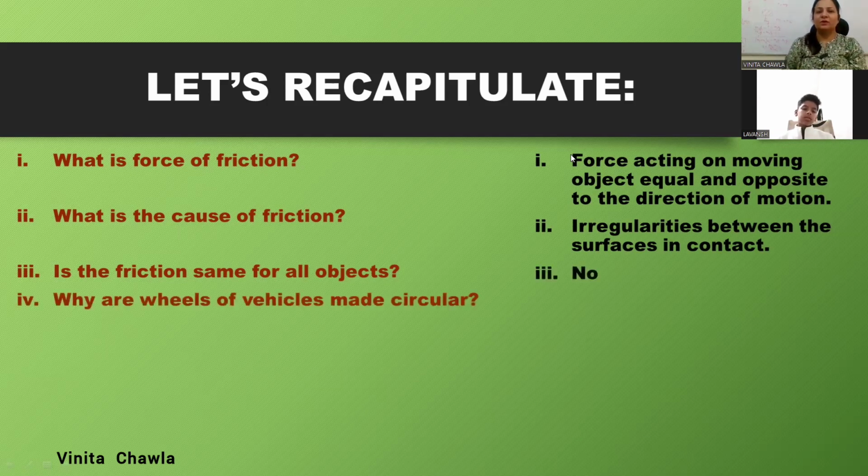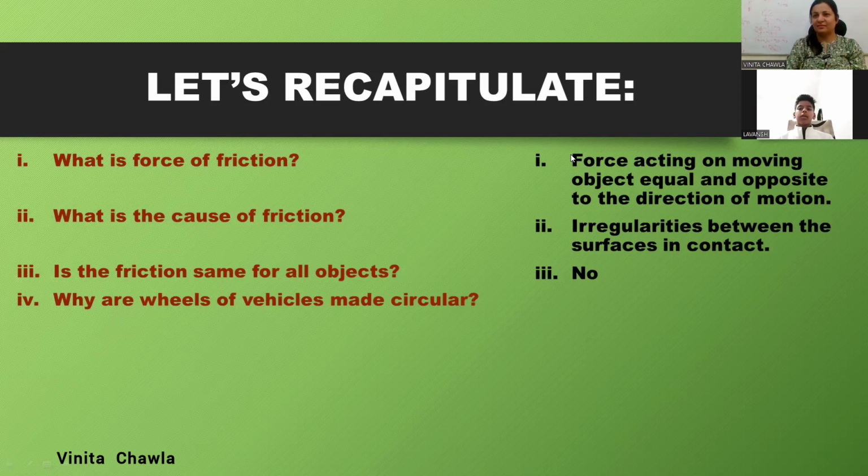Why are wheels of vehicles made circular? Because of rolling friction.